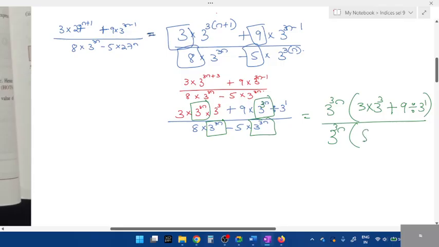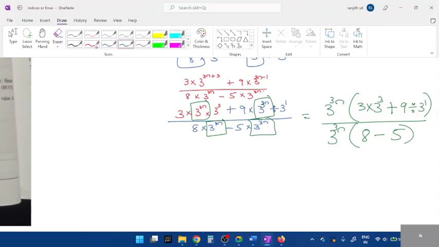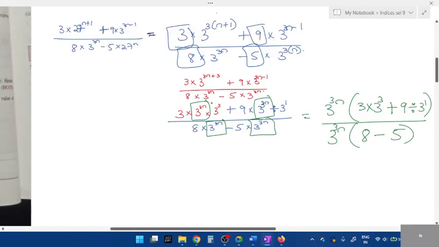And what is left? 8 minus 5. That's it, right? Because the common numbers I have taken out. See, I've put a box. Imagine those numbers are not there. Can you see the other numbers? That is what I've written, right?